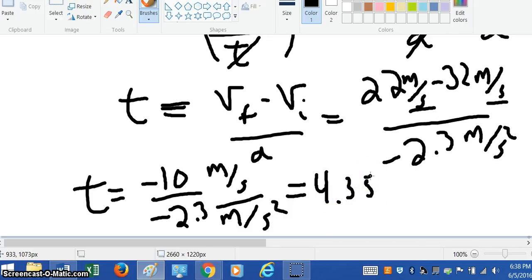This cancels one of these, and so you're ending up with 1 over seconds, which flips the numerator up to give you seconds. So it's 4.35 or 4.4 seconds, depending on how you would round that. Alright, and that should do it.